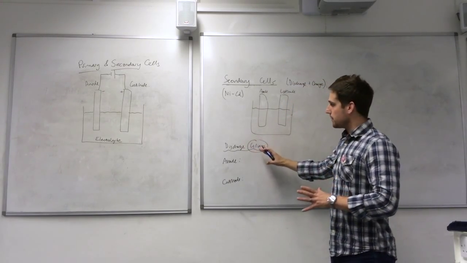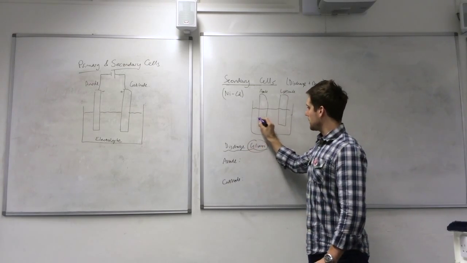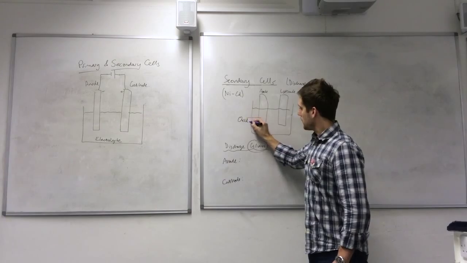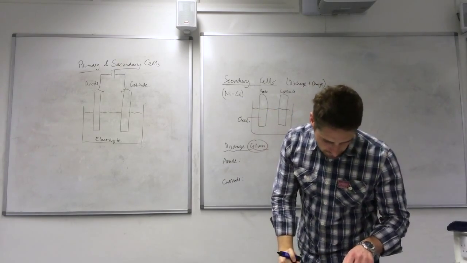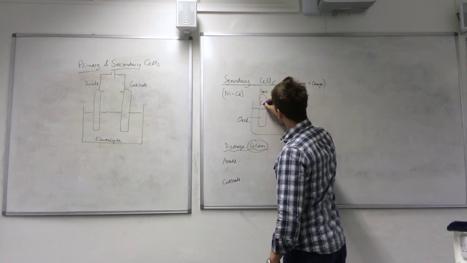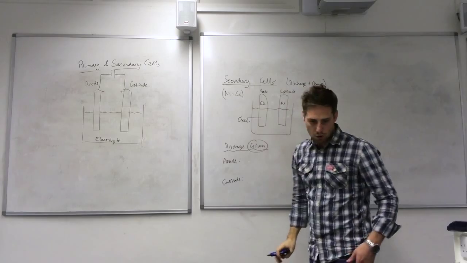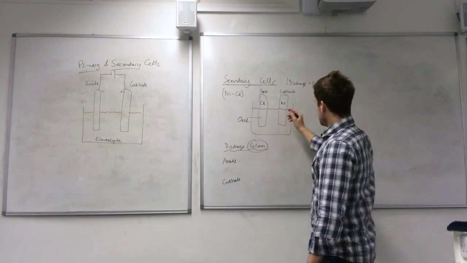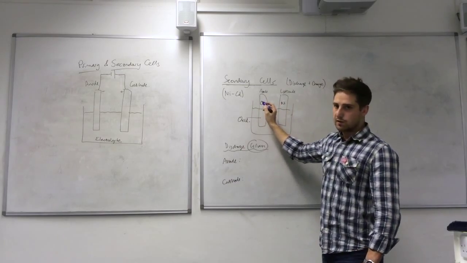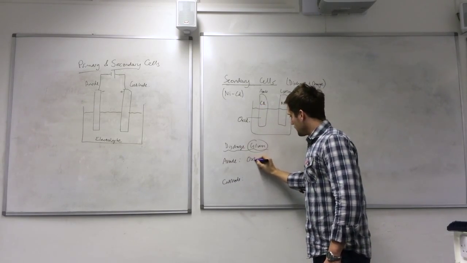Just as with the primary cell, during discharge, at the anode we have oxidation. And the anode is the cadmium, and this is nickel. Well, I think it's nickel oxyhydroxide, but all the cadmium reactions are going to take place there, and the nickel one's there. This is oxidation.